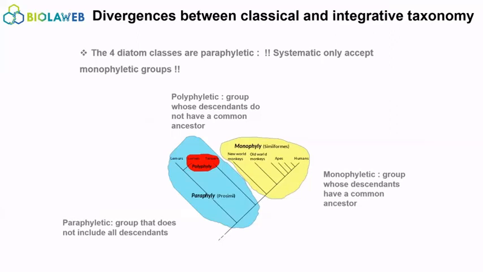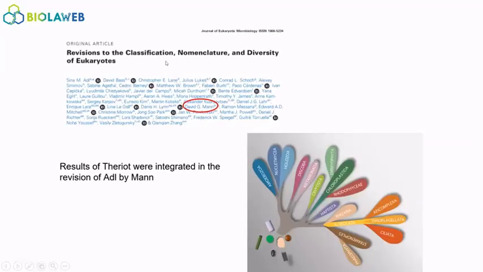just a reminder of what is a paraphyletic group. This is a paraphyletic group, this is a monophyletic group. And as you may know, systematic taxonomy only accepts this kind of group. But for diatoms, the large majority of the groups, in fact mostly all, are paraphyletic. So it's a problem for taxonomy. And so in the paper of Adl, 2019, this one, I already showed you this tree.